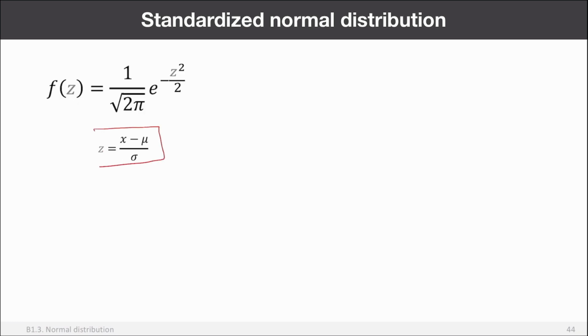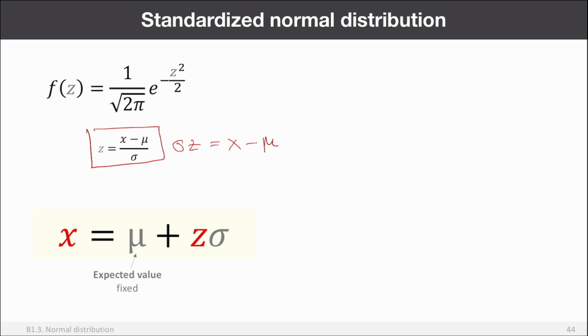So you can see that z is equal to x minus mu divided by sigma. If we multiply both sides by sigma, you will have sigma z equal to x minus mu, right? Now, if you add mu to both sides, you will get this one. So if x is normally distributed, what does it mean? It means x has an expected value, and also x has a variation parameter, right?